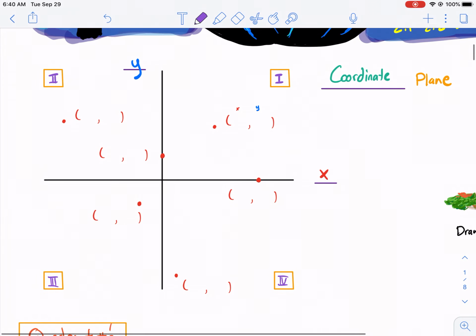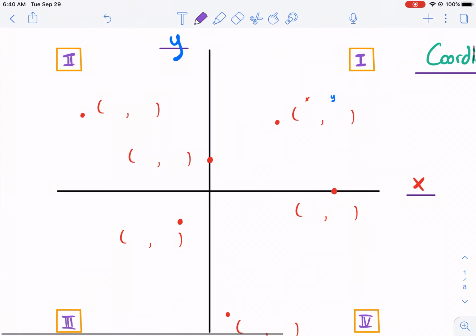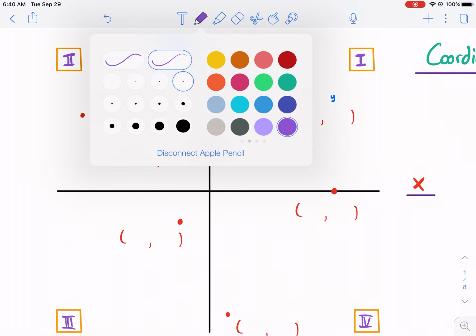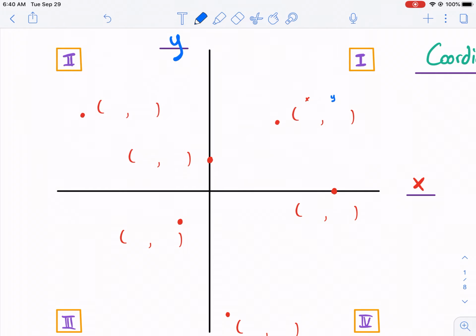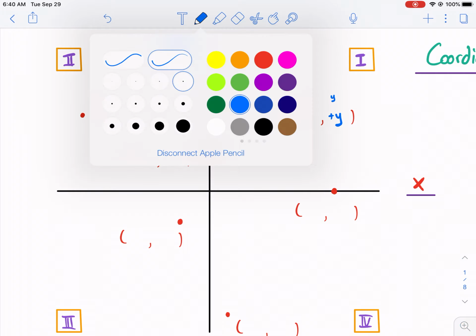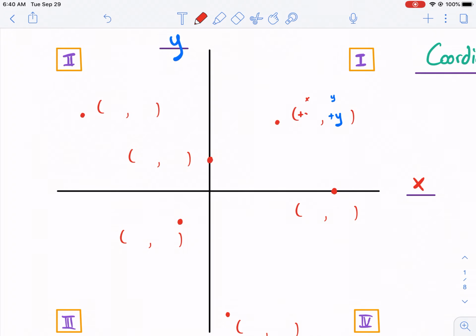Now, based on the location of the quadrants, you'll notice some patterns about the x and y coordinates. For example, in the first quadrant, the y coordinate is positive and the x coordinate is positive. They're both positive. We should label this point too. This point is the origin, 0, 0.